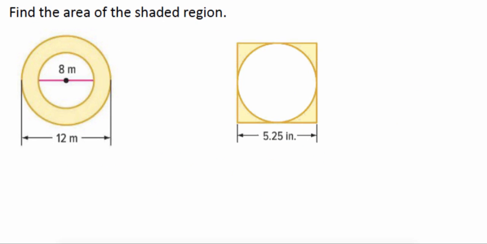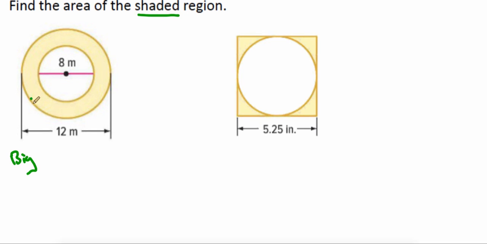Last couple, making you think a little bit. Find the area of the shaded region. You'll notice I have 2 circles: a big circle, and then a smaller circle cut out of it. So focus on the big circle first. Here's my poorly drawn big circle. 12 meters is the distance all the way across, so that's my diameter.